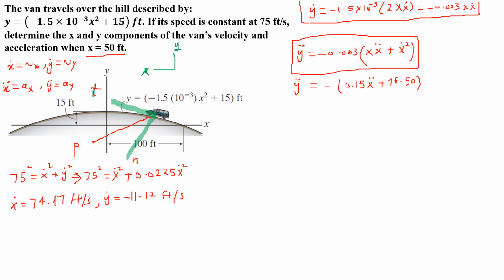Now here also, I can say that is my y-axis and that is the x-axis. If I extend this a little bit, this is the negative x and this is the negative y.